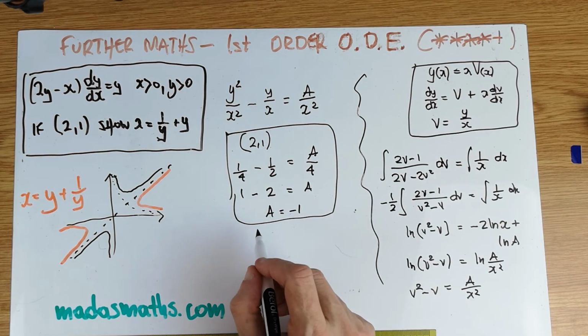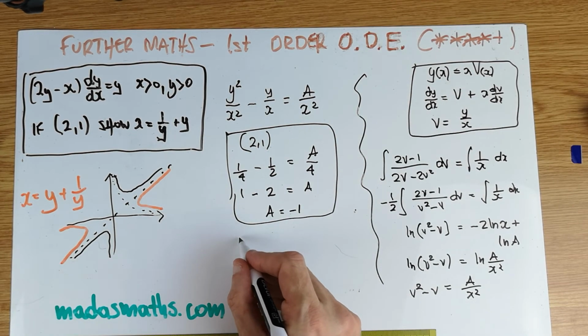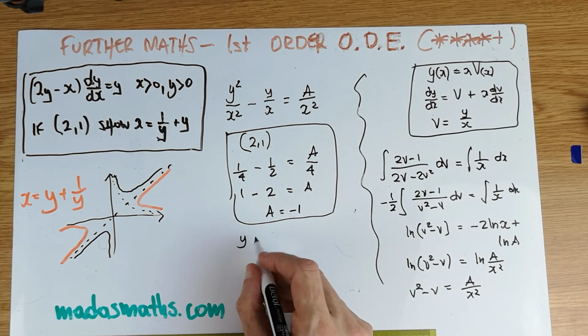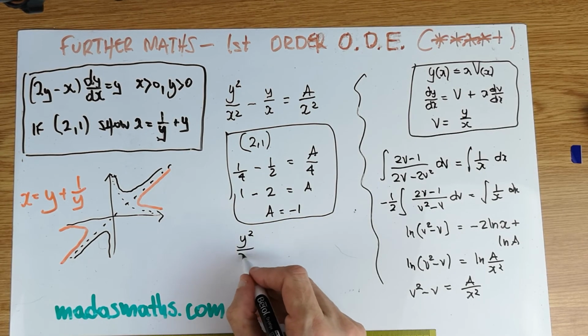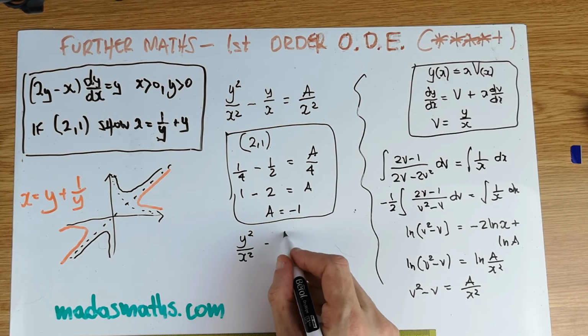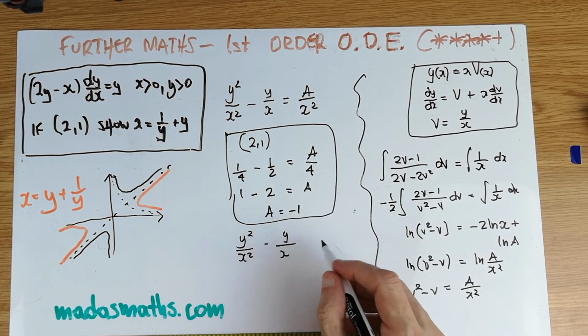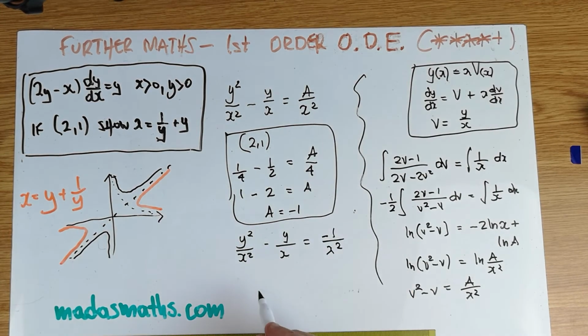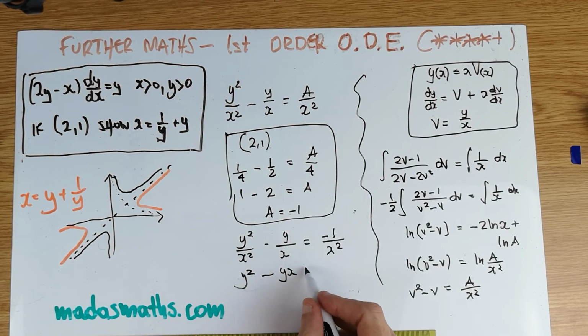Multiply the equation first of all. Actually, let's put the -1 in first of all, so we don't make any mistake. y squared over x squared minus y over x is equal to -1 over x squared. Multiply the expression now by x squared will give us y squared minus yx is equal to -1.